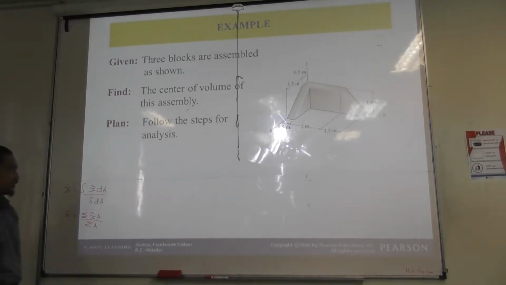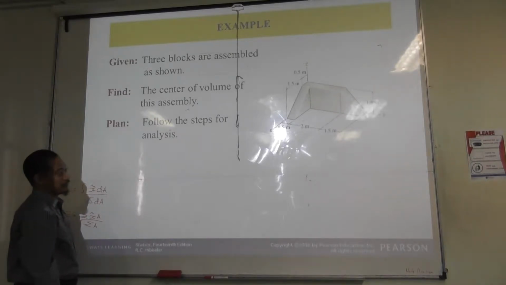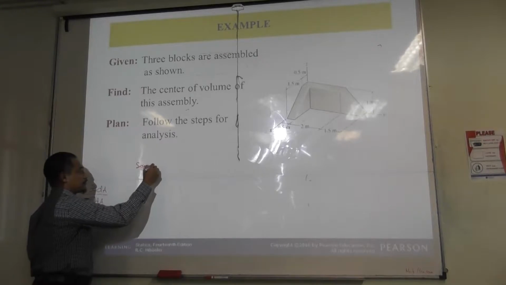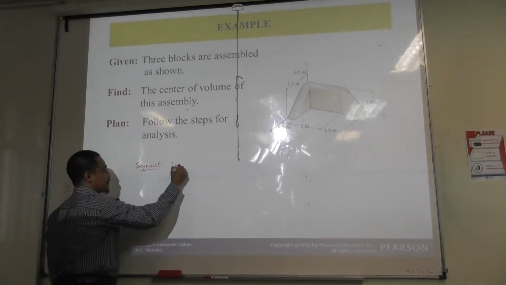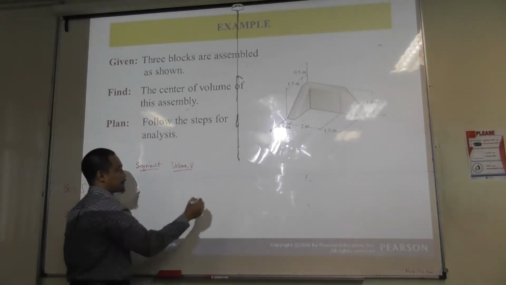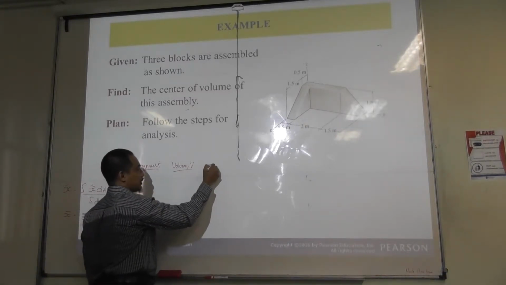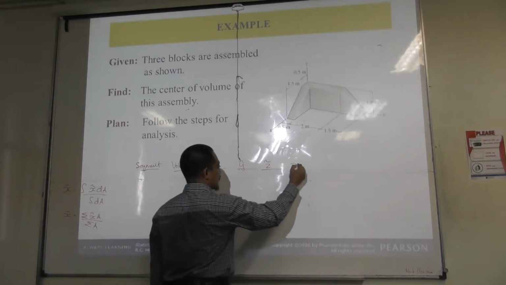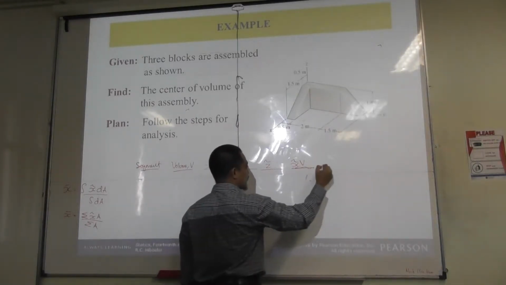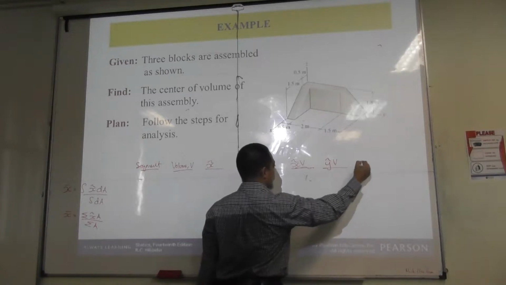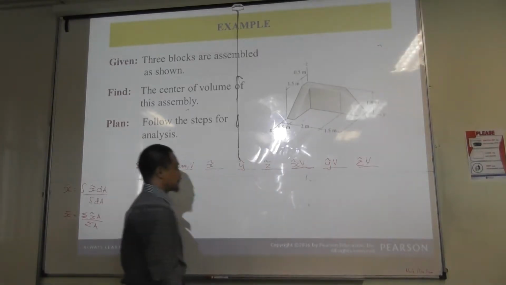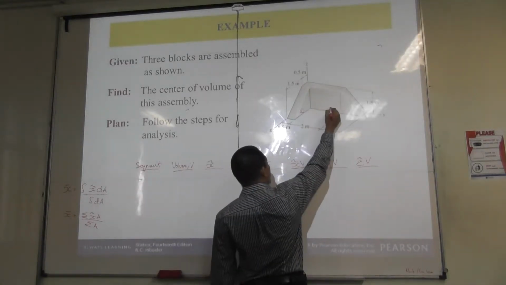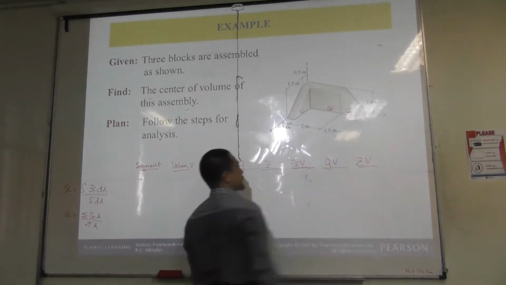Follow the steps. So what will be the columns that you think we will have to have? We have segment, then volume, then x, y, z, xv, yv, zv. Right? Okay, let's label this segment 1, 2, 3.